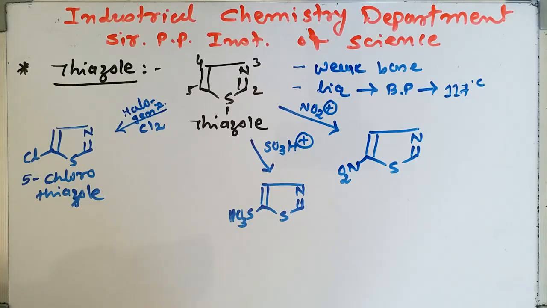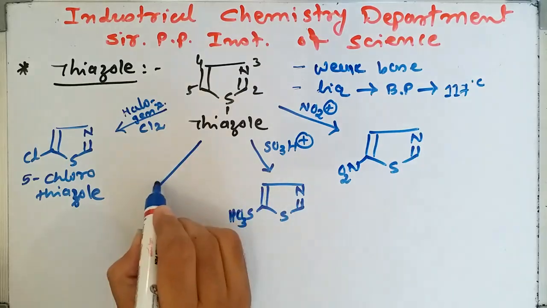Ring opening properties of thiazole. When thiazole is treated with sodium and ethanol, C2H5OH, the ring opens to form thiols and amines.